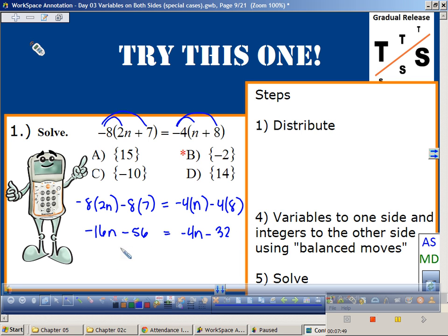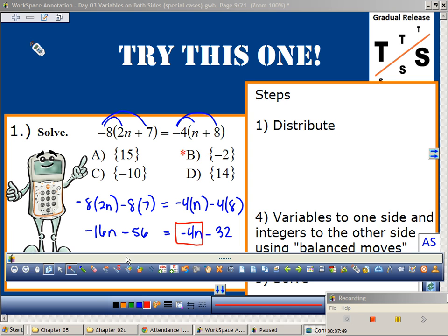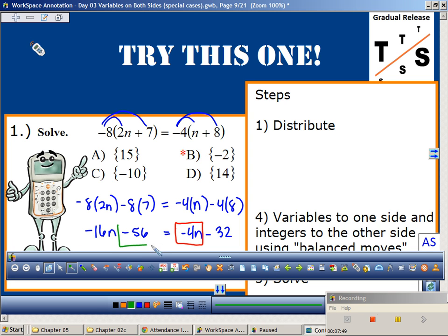Can you see everything okay? Okay, so which one's bigger, 4 negative n's or 16 negative n's? 4 is bigger, right? So I need my variables on this side and my constants on this side.